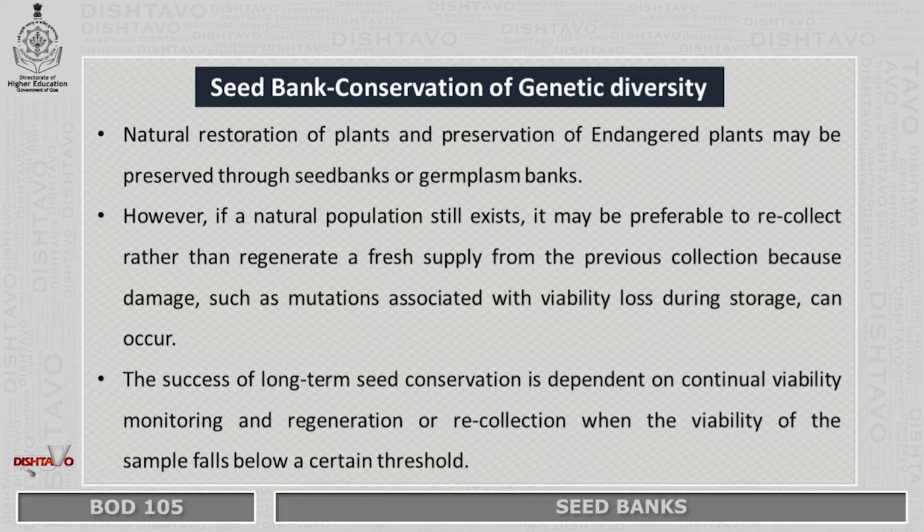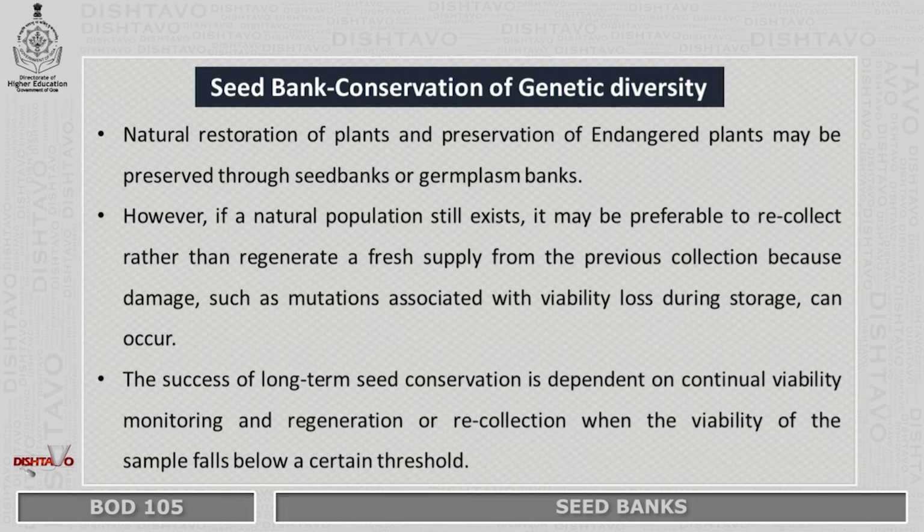However, if natural populations still exist, it may be preferable to recollect rather than regenerate a fresh supply from the previous collection, because damage such as mutations associated with viability or loss due to storage can occur.